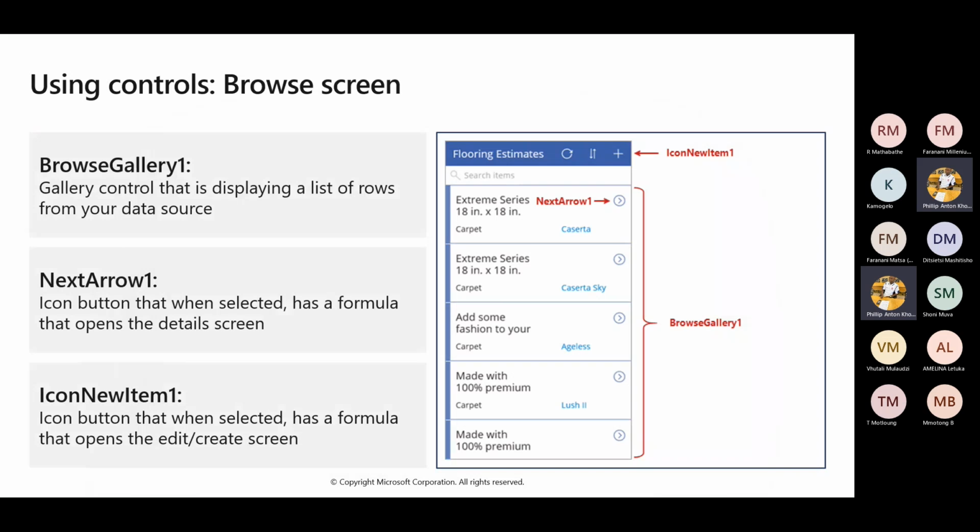So here we are looking at using controls. We have a browse screen, and in the browse screen we have a browse gallery, and that browse gallery has a next arrow and an icon for new item. Look at the gallery.